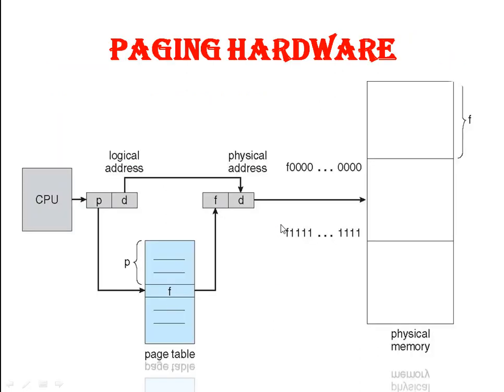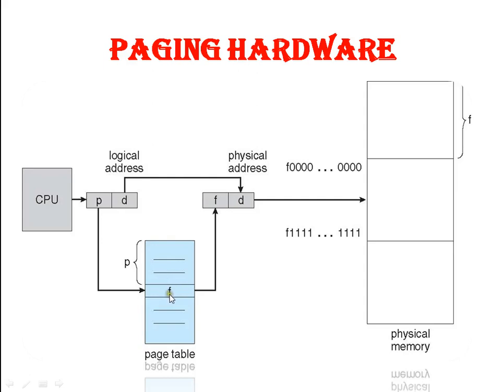What is this? We shall see using a diagram. Here, as you can see, this is the CPU. The CPU has generated a logical address which is divided into page number P and your offset value D. Now, whenever the page number is generated, it will be searched inside the page table, and this page table will have the frame numbers where exactly that particular page is being stored.